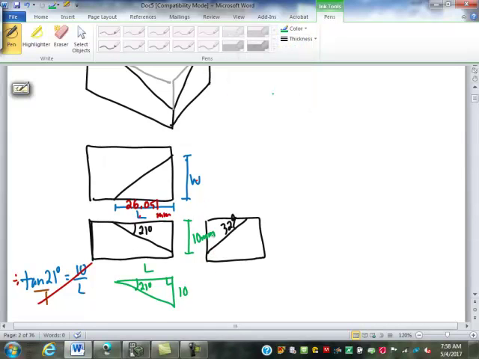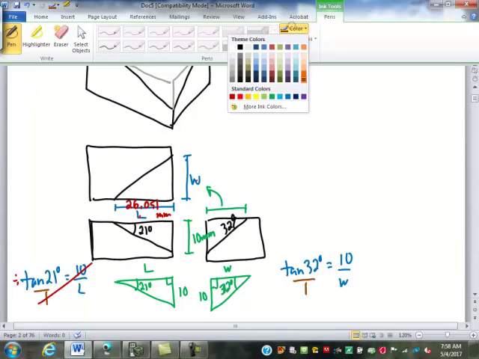So the width, remember the width is also this dimension here, it just flips up. We're looking at this triangle. This is still 10, this is 32, and this is my width. So the tangent of 32 degrees is equal to 10, my opposite, over the width, my adjacent.